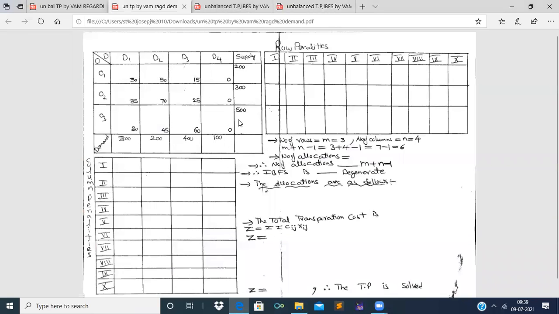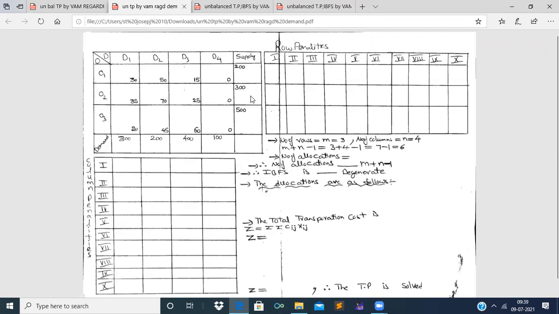For which the supplies are the same and demands are the same, right? And with the row penalties and column penalties. Now, let us proceed by finding the row penalties and column penalties, and let us allocate.